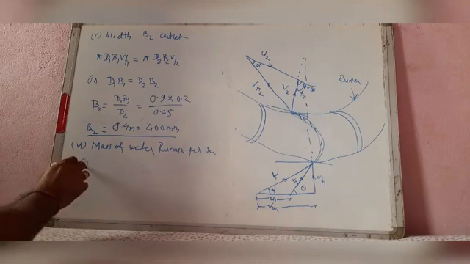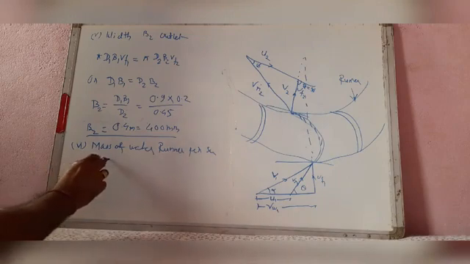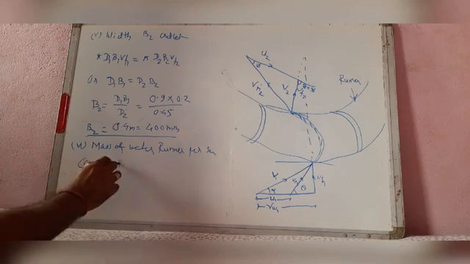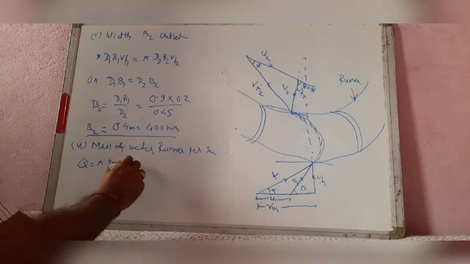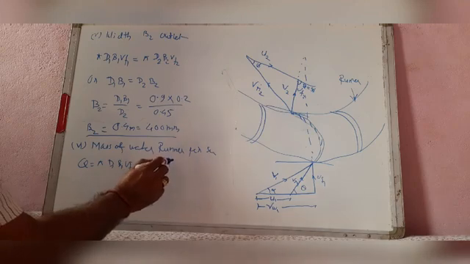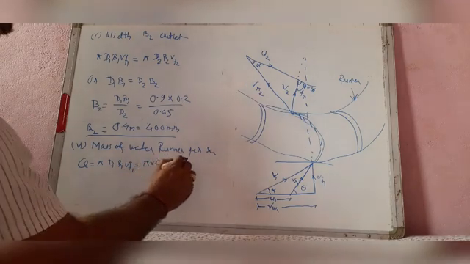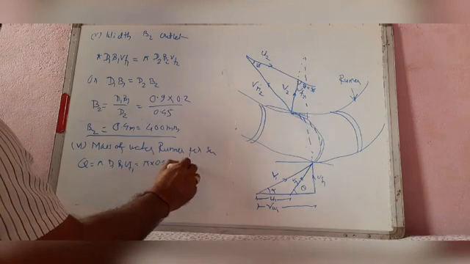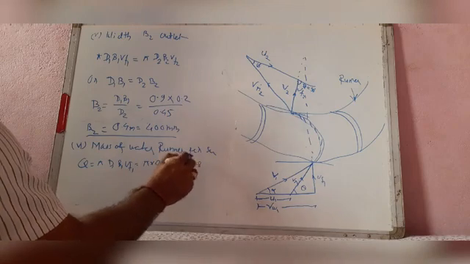As we know, discharge equal to pi D1 B1 VF1. Putting the values here, pi into 0.9 into B1, which is 0.2, and VF1 is 1.8.